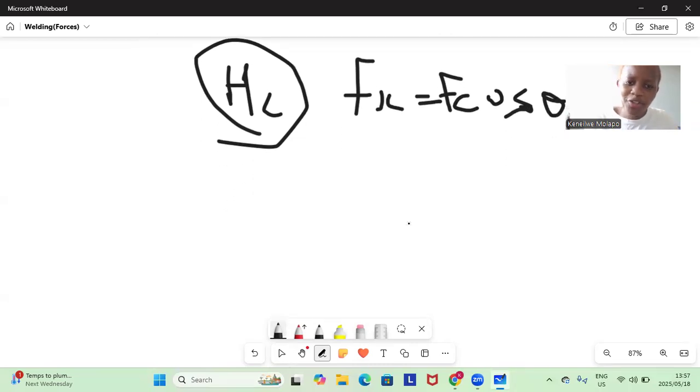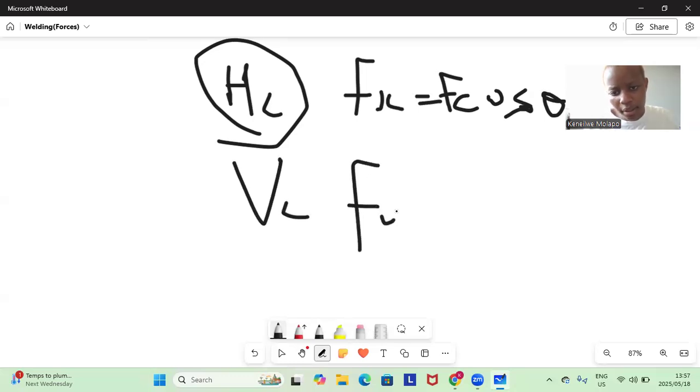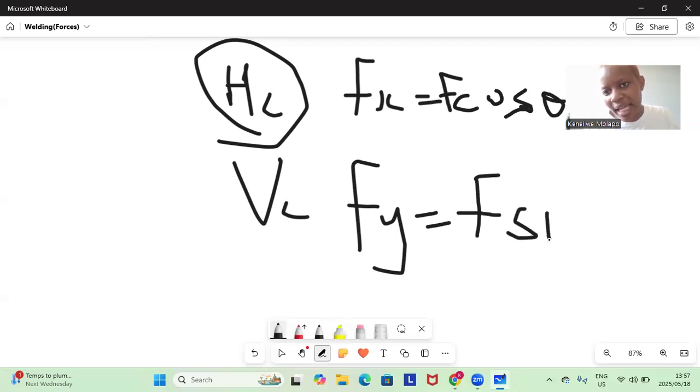For your vertical components, you have to know that they are your y components. Fy is equal to F, the force that you'll be given, sine of an angle, which is theta.